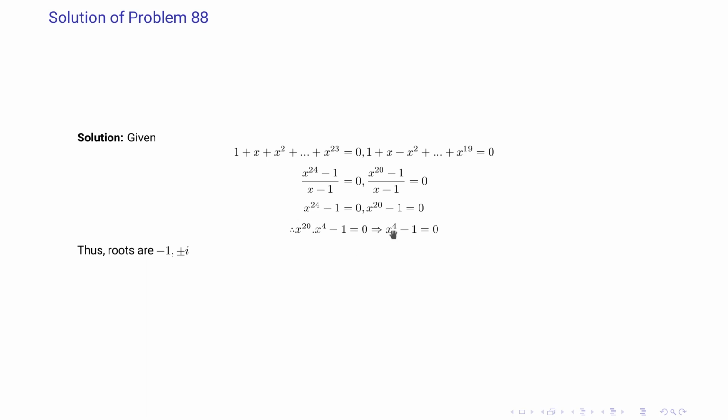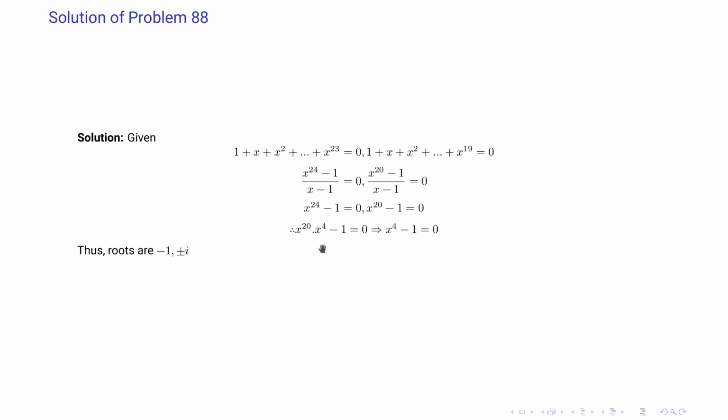So x square minus 1 and x square plus 1 is equal to 0. So x square plus 1 would give x square is equal to minus 1, so x would be square root of minus 1. So that will give us plus minus i.